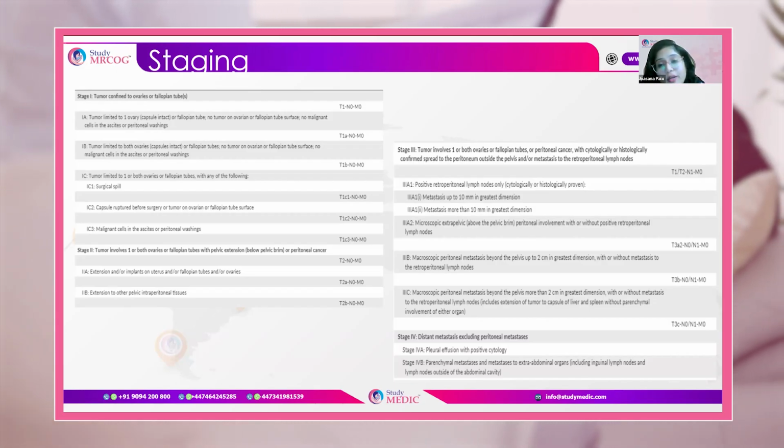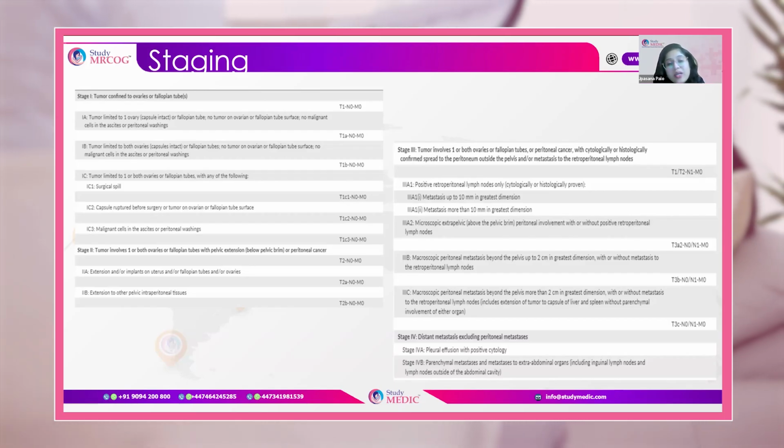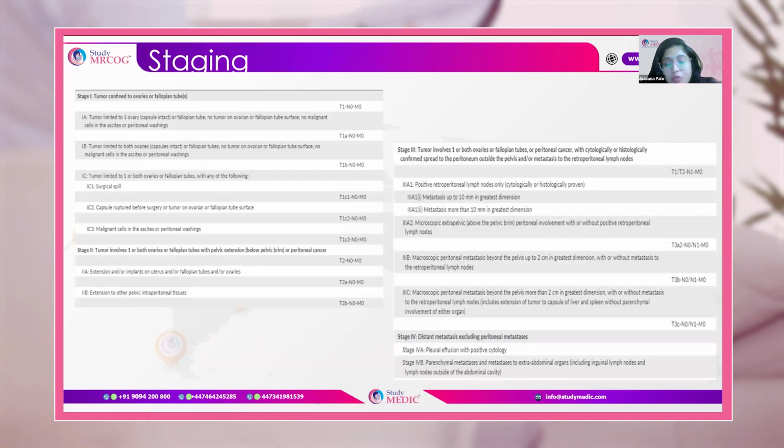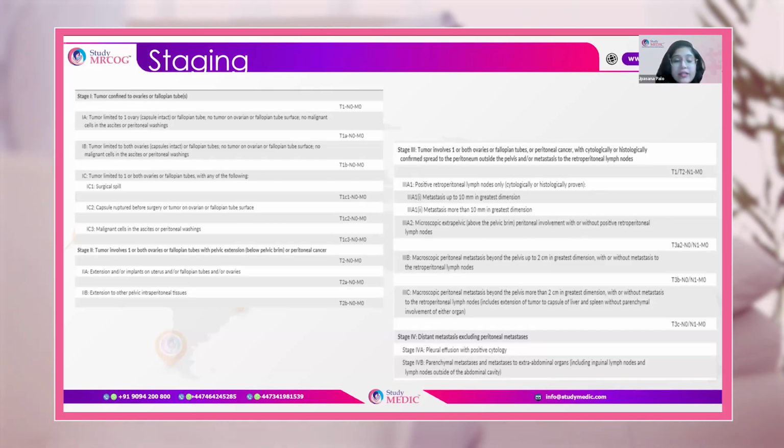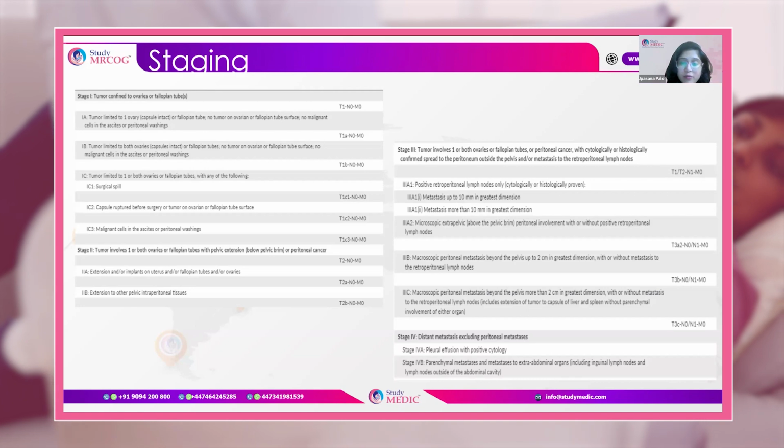So in case the extrapelvic peritoneal involvement is microscopic, then it is 3A2. 3B is macroscopic involvement up to 2 centimeters, and 3C is the stage which we usually find.